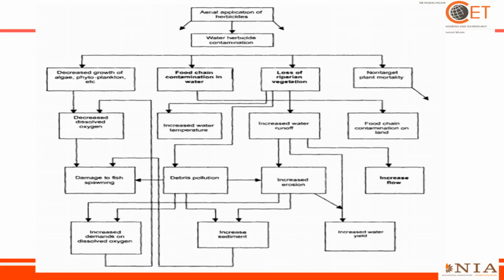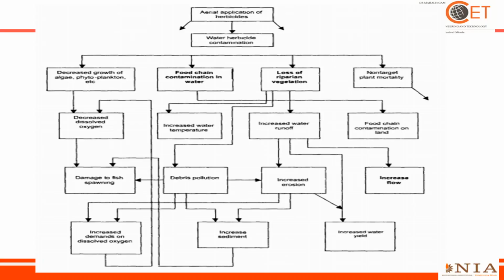Loss of vegetation. There are about a couple of impacts. Loss of vegetation leads to increased water runoff. Vegetation is lost means the plants are affected, so when you remove them, it is easy for water carrying the herbicides and pesticides to flow. Runoff is excess water flowing on the surface of the land.